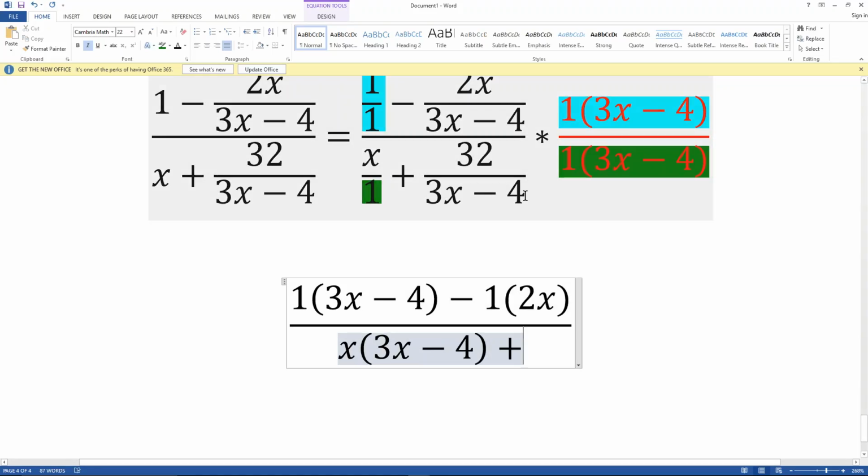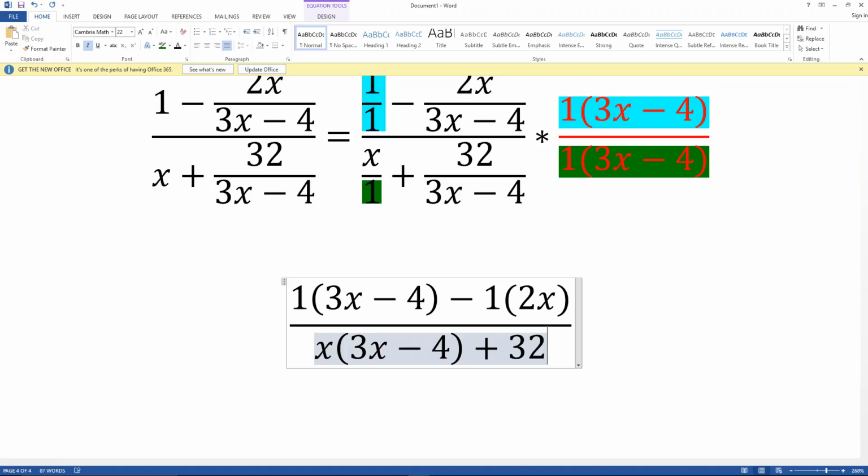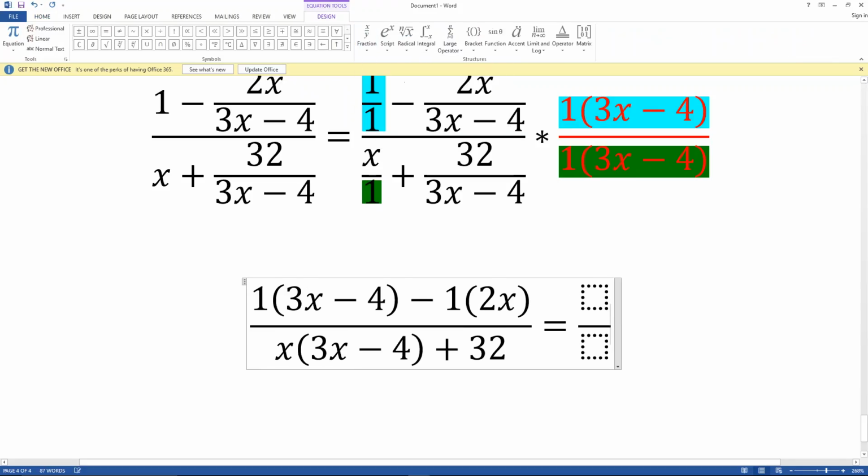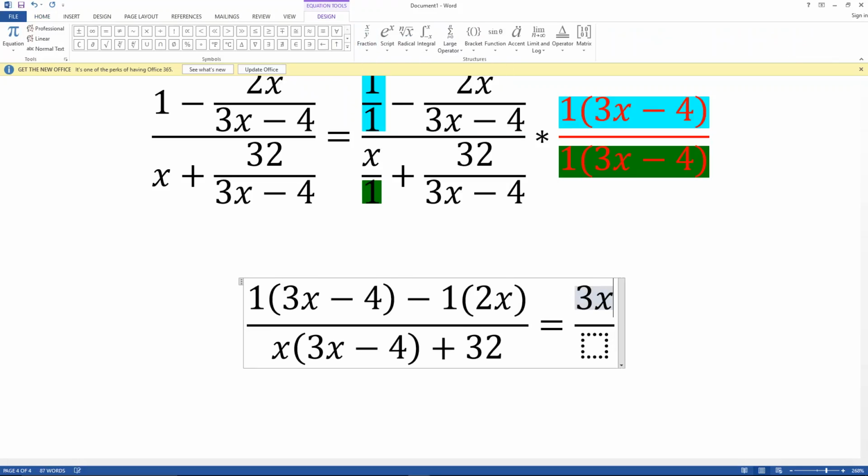And tell me what you're left with on the second part. 32? 1 times 32, right? Yes. So we can just clean this up. 1 times anything is itself, so this first part we just get 3x minus 4, right?